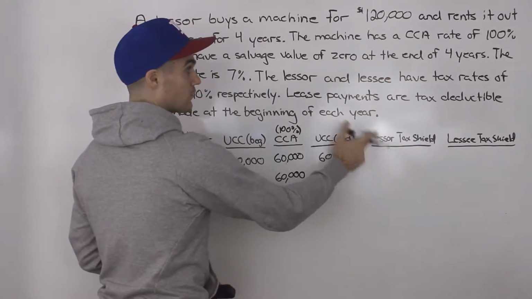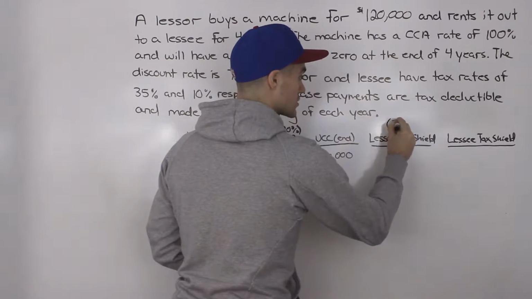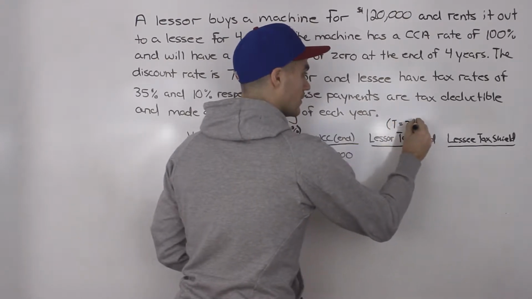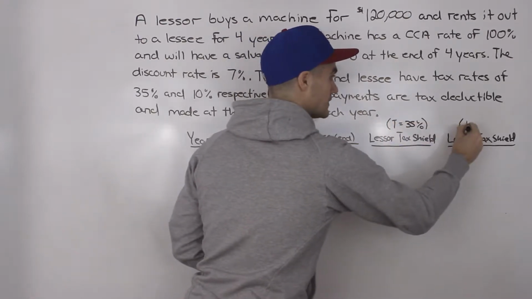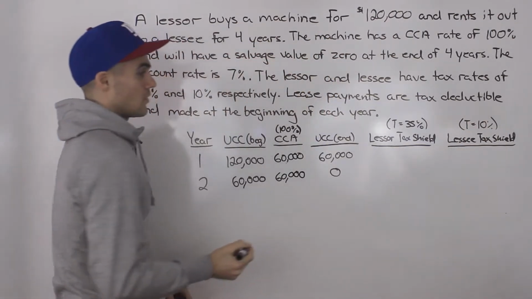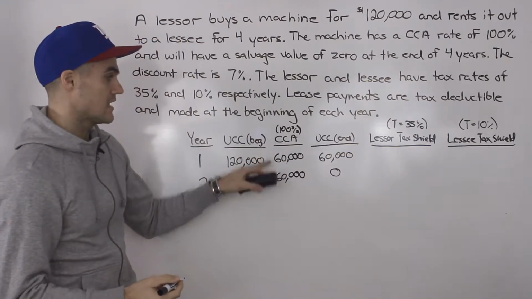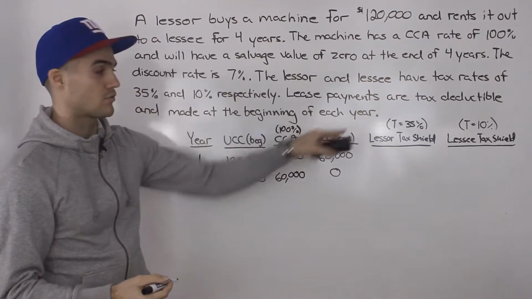The tax rate for the lessor is given as 35%. So let's write that up here just for reference. And then the lessee is 10%. So the CCA tax shield for the lessor is just going to be the CCA amounts multiplied by 35%.